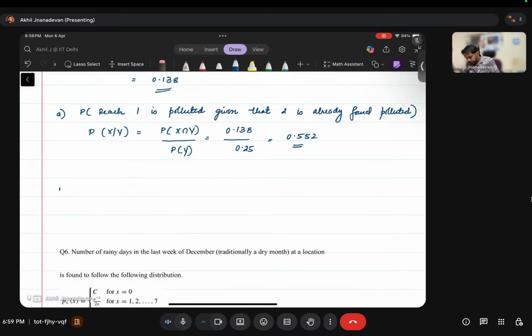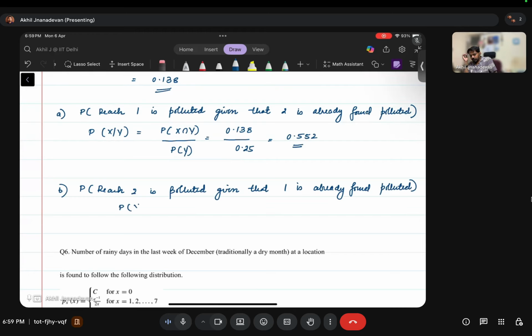And also the probability that reach 2 is polluted given that reach 1 is already found polluted. That probability is nothing but P of Y given X, that is P of X intersection Y, which remains the same.